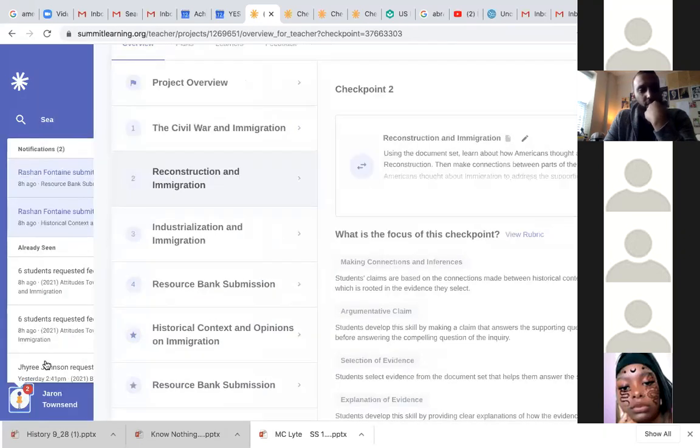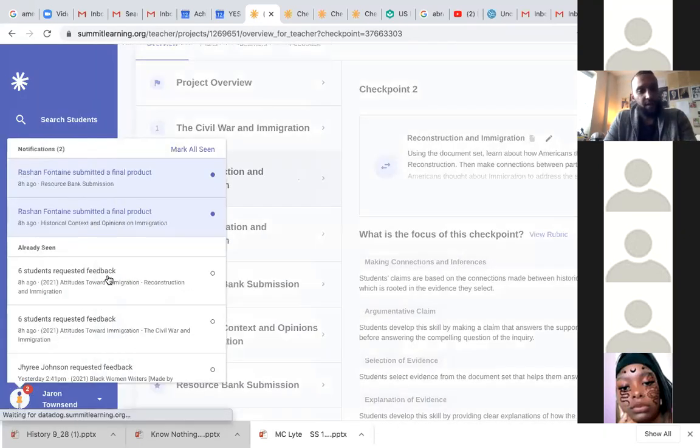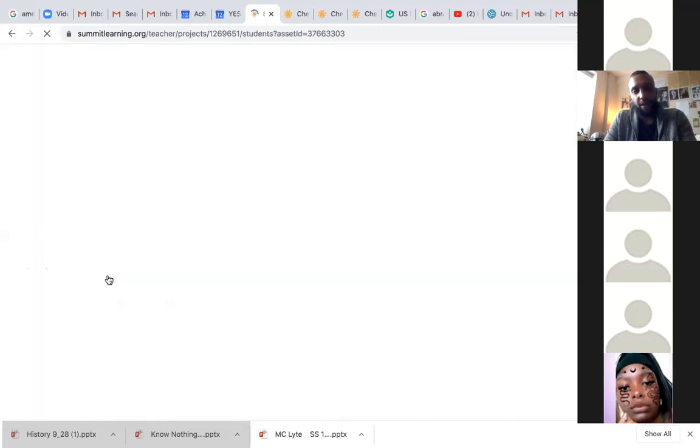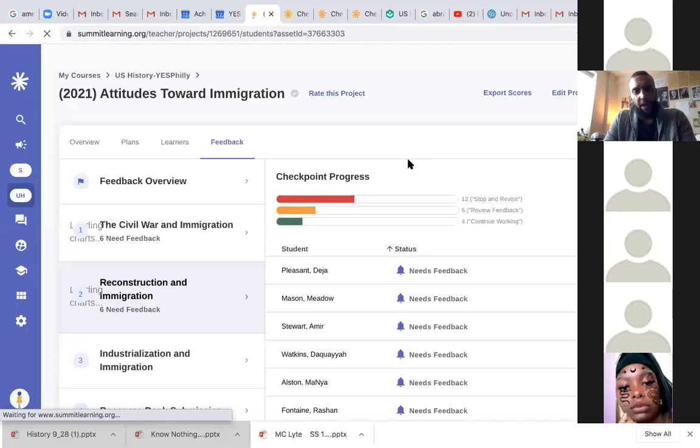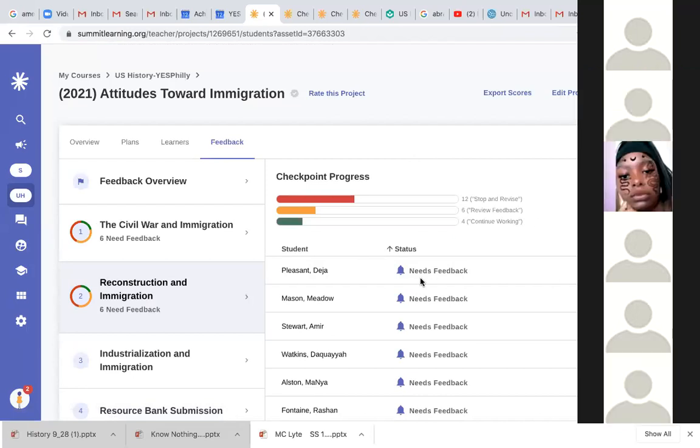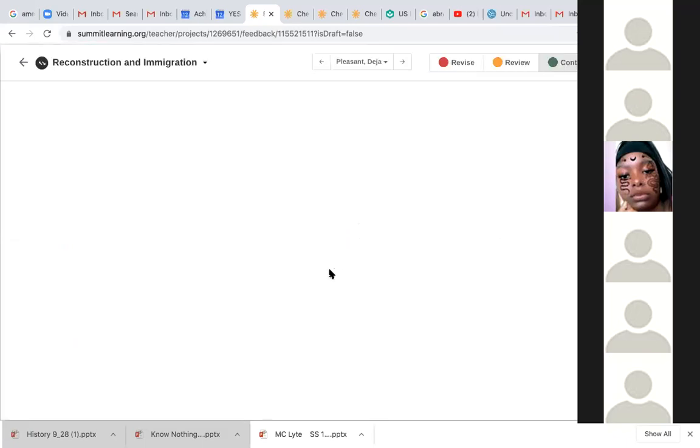So when you do, I have notifications. 6 students requested feedback, okay? So I go in, I look at your, say it says needs feedback. So I go in, here's your checkpoint.